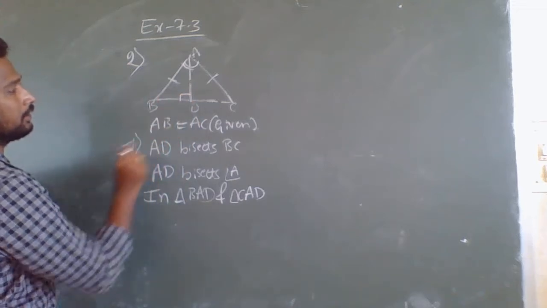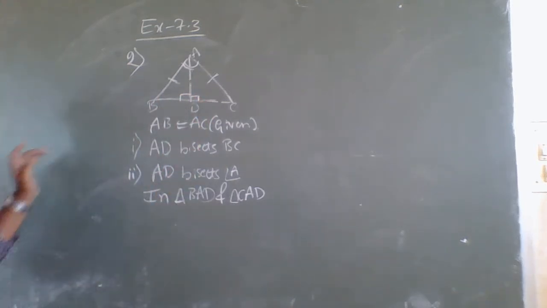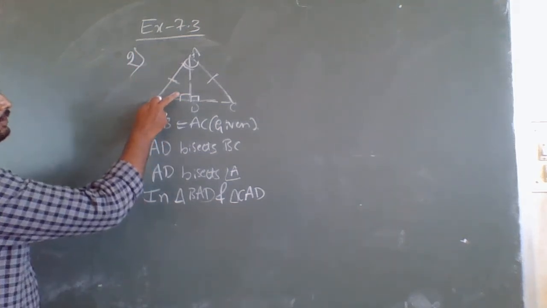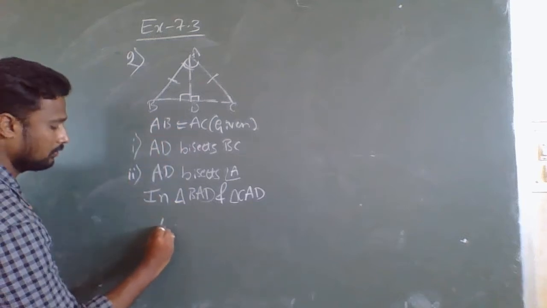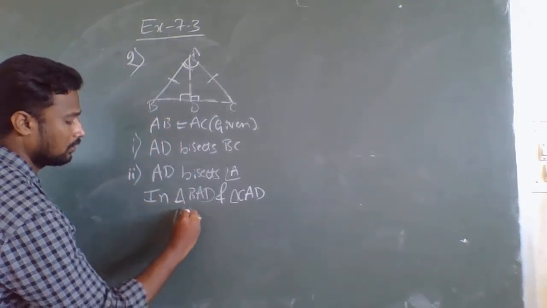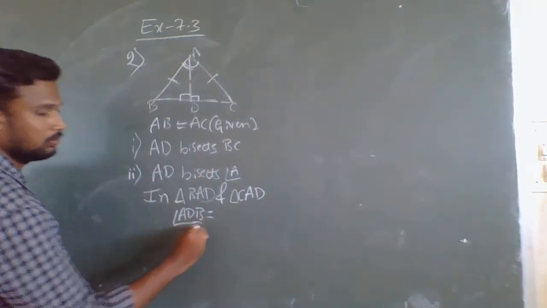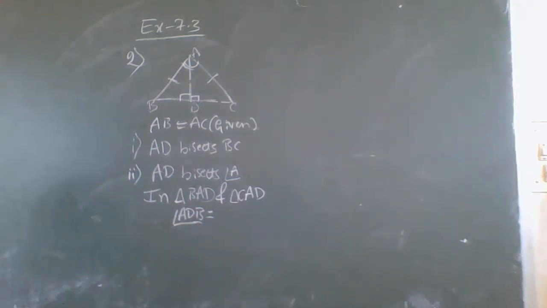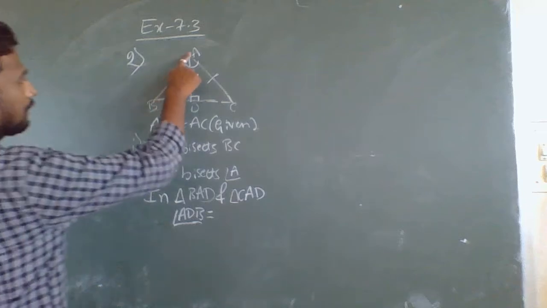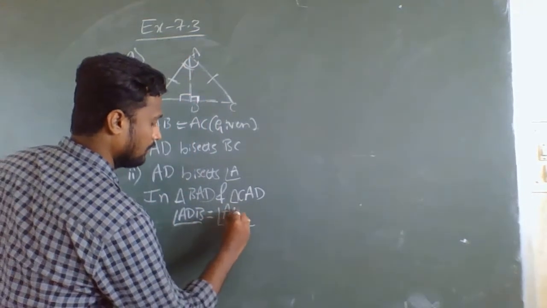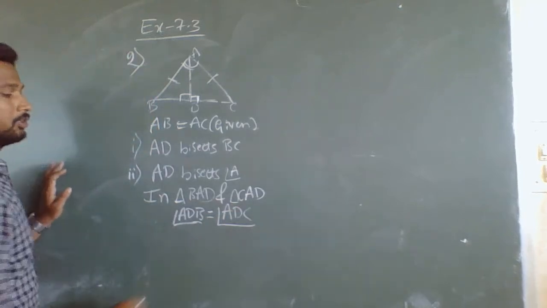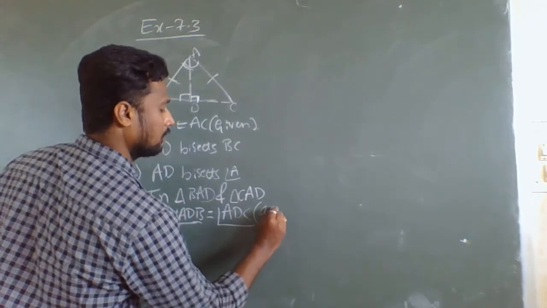Here this is 90 degrees and this is also 90 degrees because this AD is perpendicular to BC. Therefore, we can write angle ADB equals angle ADC, because these two angles are 90 degrees.